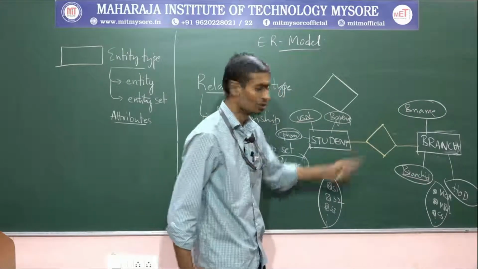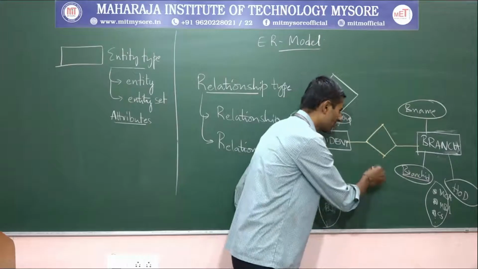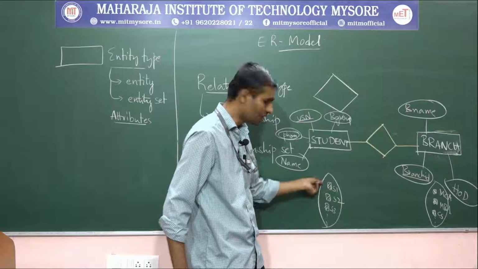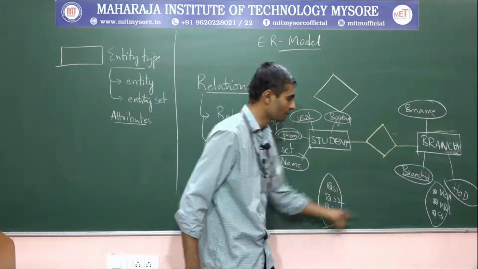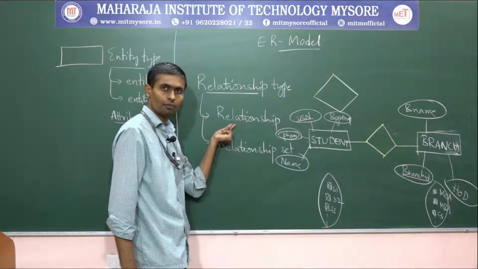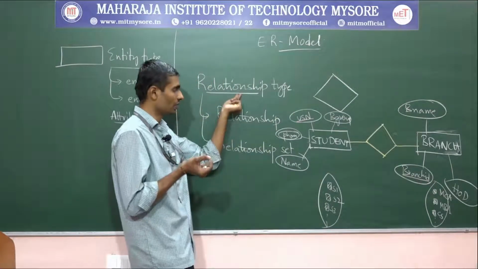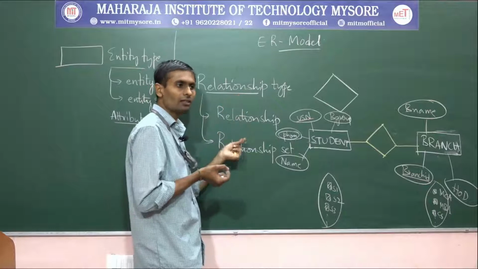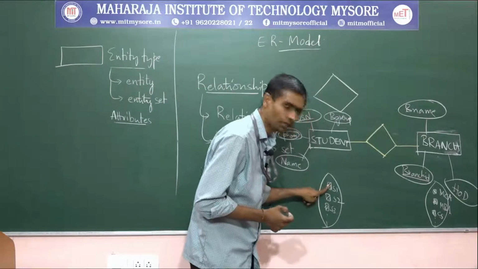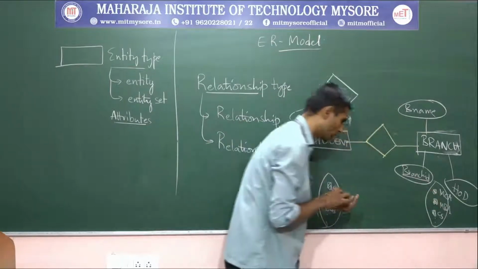So we have an entity set, entities and entity set shown here in both cases. And we have a relationship; it's an instance of this relationship type, and we have a set of such relationships. Because this S1 might belong to this MCA, let me draw one line.